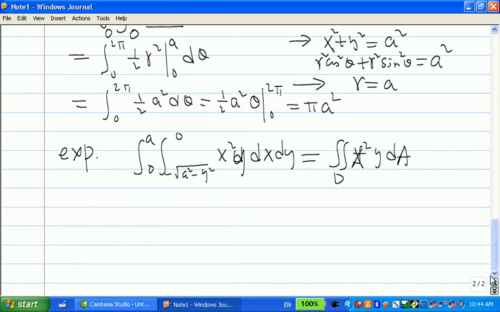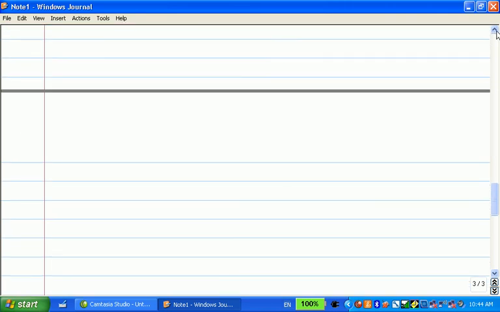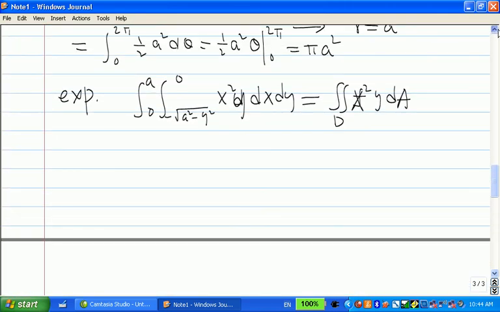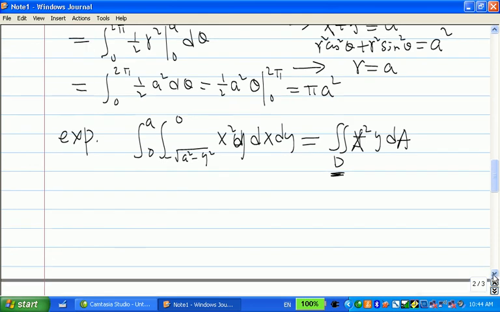So to convert this one to polar coordinates, we have to figure out what is the region D from the given limits, 0 to a and negative square root of a squared minus y squared to 0. We need to figure out what D is from the given information.